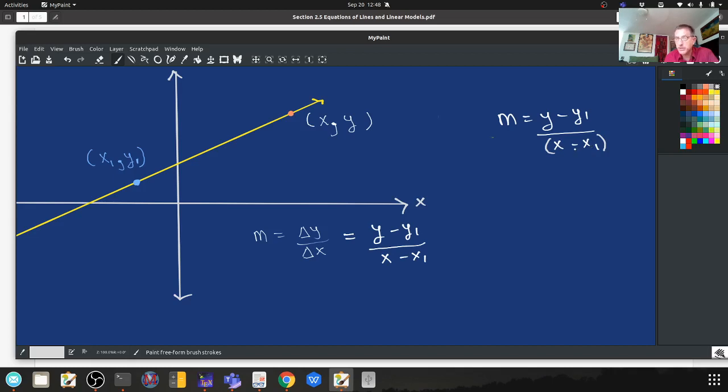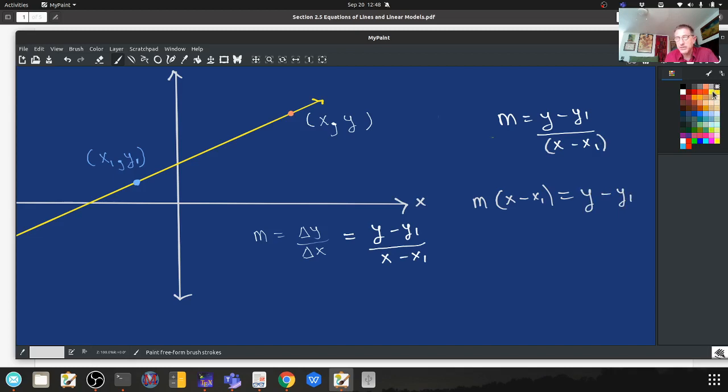You don't have to do that, but I'm going to multiply both sides by x minus x1. So the left-hand side gives m times x minus x1, and on the right-hand side the x minus x1 factors out, and I get y minus y1.